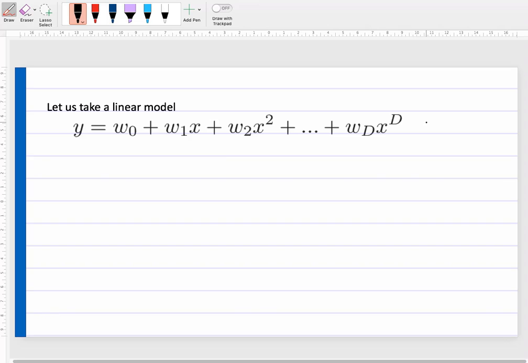This is a polynomial model, which means that your input is polynomial. It is x to the power 0, x to the power 1, so on up to x to the power d. And these are my unknown parameters. So let's say you have your f, you have your y, you have your x. So my y is of this form, x transpose w. Oh, sorry, this is not the right way to write it.